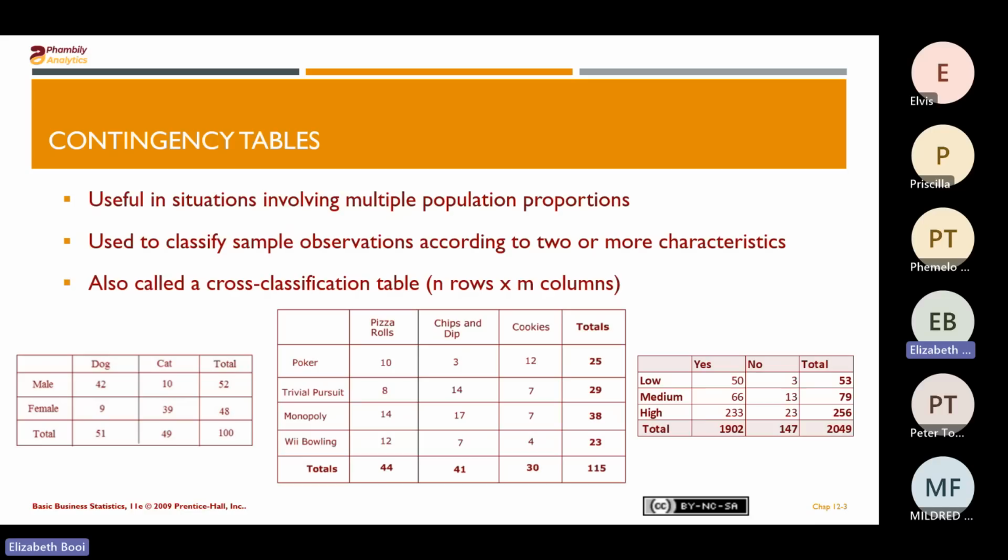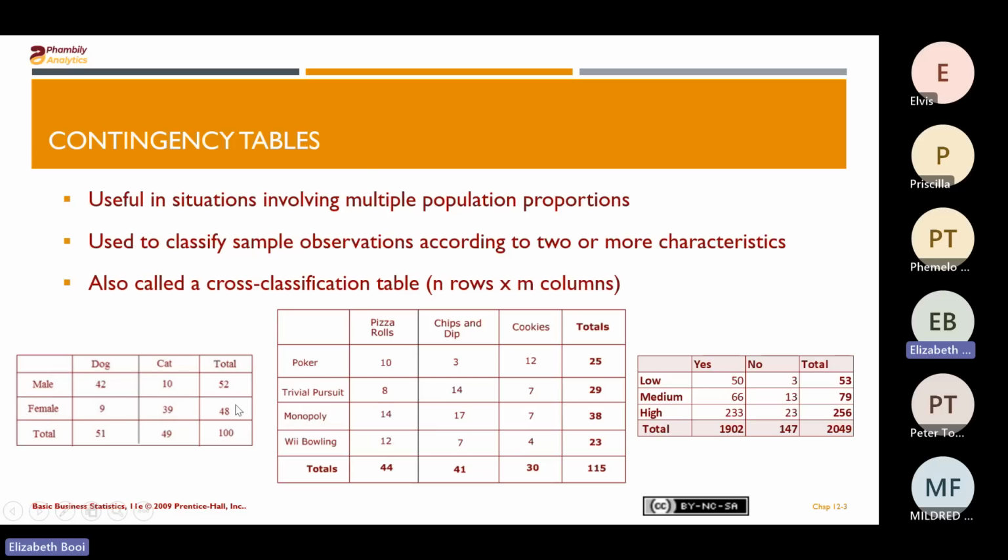Let's say we're looking at two variables. We can look at the relationship by plotting them in a contingency table. A contingency table is always defined by rows and columns, not the totals. Don't count the totals. When we talk about a contingency table, we talk about the number of rows times the number of columns. For example, this first table has males and females; the variable is gender, which has two rows, male and female.